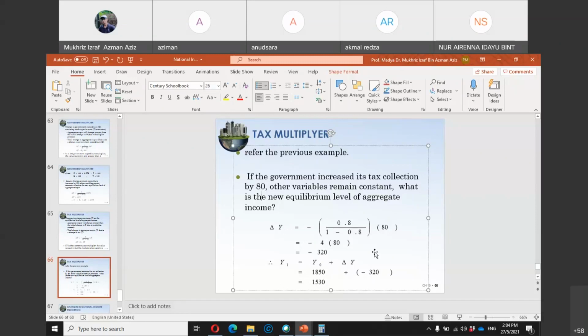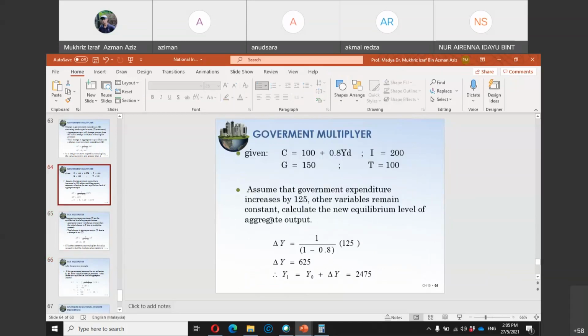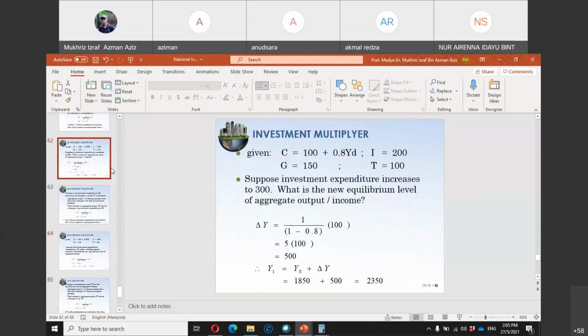So this is a very important concept that you need to know, not just finding the new GDP, but also, from these three examples that we have seen just now, the value of the multiplier. For investment and government expenditure, the multiplier value is 1 divided by 1 minus B, which in this example is 5.